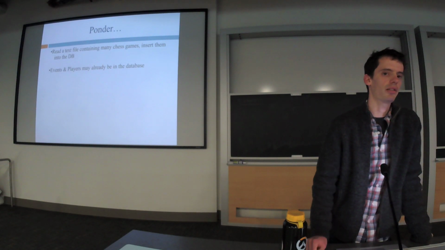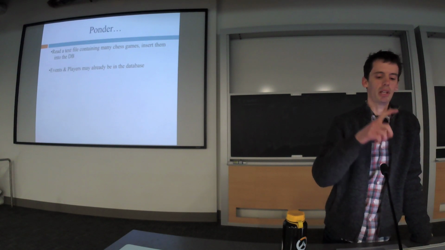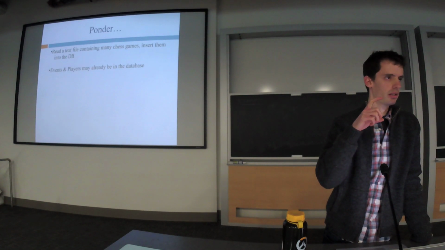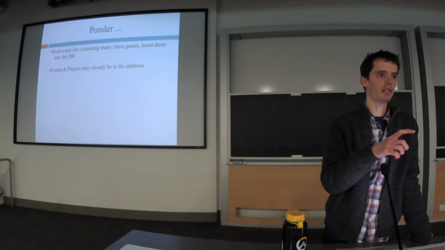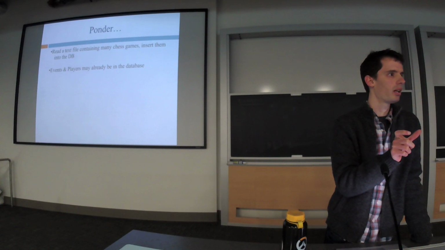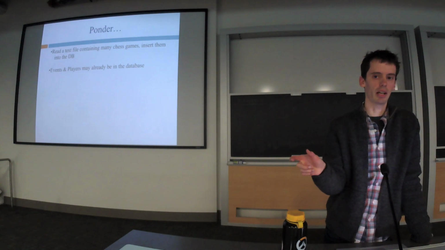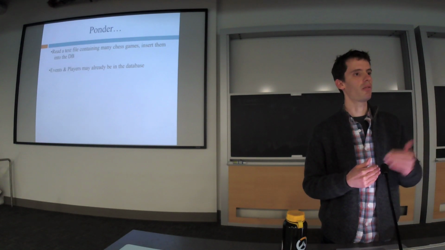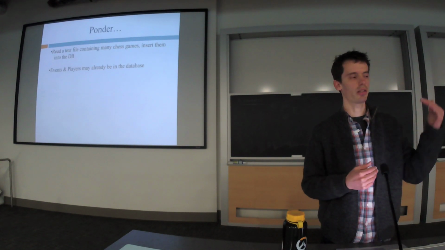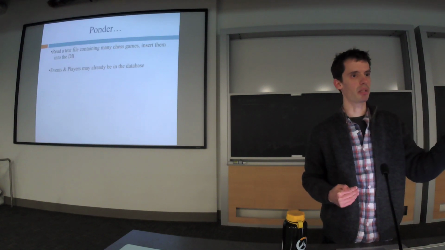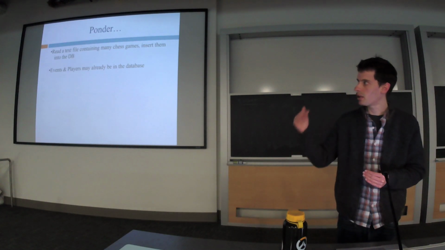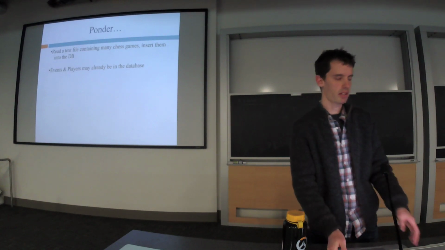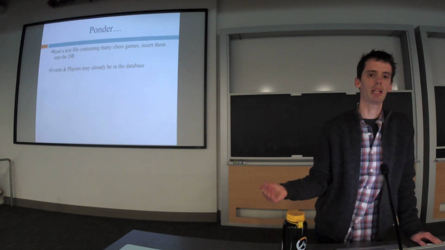The issue here is every game is a standalone block of text, and it says which event it was from and the date of that event and everything like that. The next game, even if it's at the same event, will just repeat that information. So it's not hierarchical, like here's the event, here's a bunch of games in the event. So as you're reading through this text, you will encounter the same event many times.